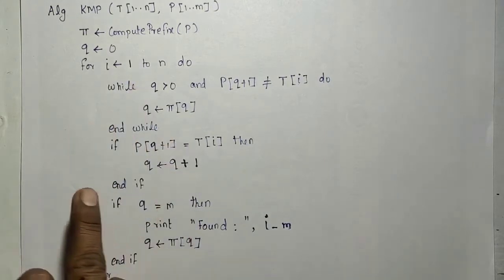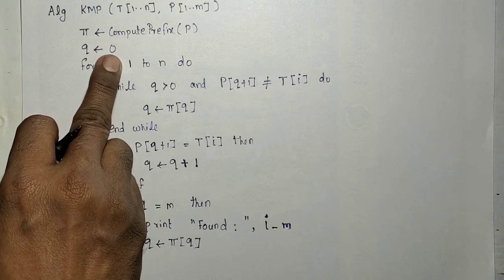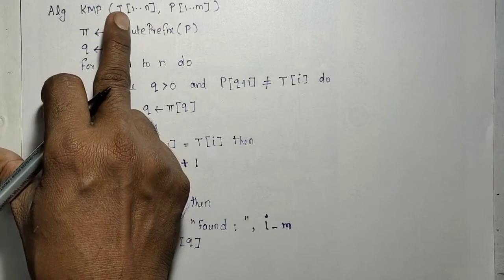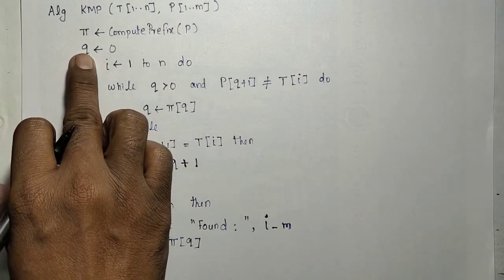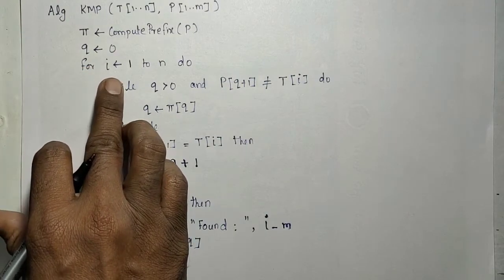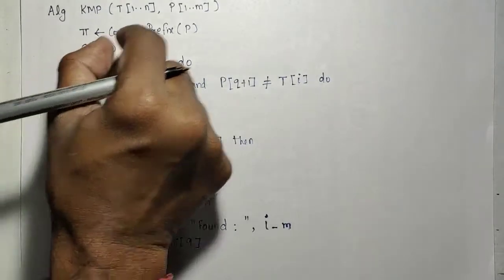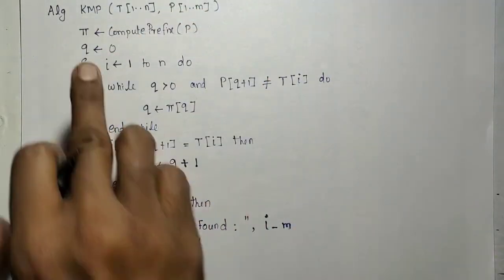And q is nothing but how many characters have matched so far. How many characters of the pattern match with T, like that we are going to maintain q. Since we have not started the comparison, 0 characters are matching, 0 characters of P match with T, like that we assume it.